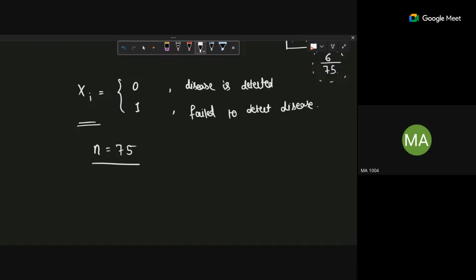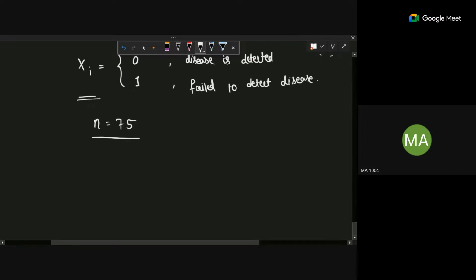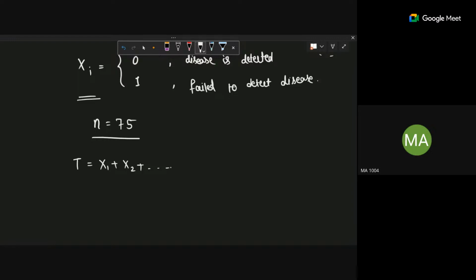If they are taking 1 and 0, we say it is a Bernoulli. If I take the sum of all these Bernoulli, what will I get? The sum of n Bernoulli is what? Binomial. Binomial(n, p).